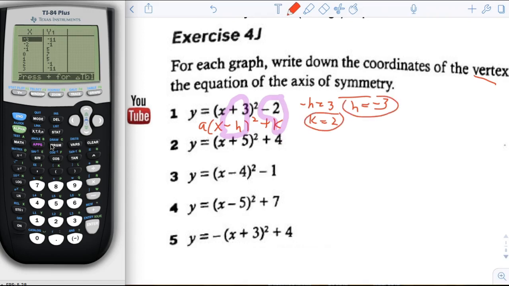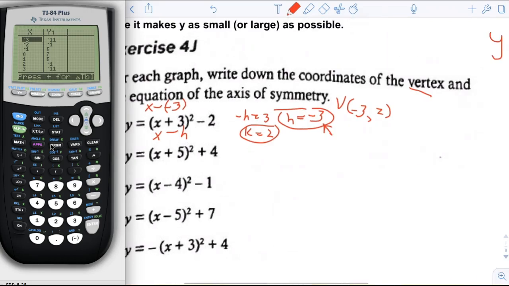So our vertex is -3, 2. Some people might look right at this format here and say, okay, I'm looking for x minus h, but it says x plus 3, so there's no negative here. You got to think of the plus 3 as actually x minus -3. So if you think of it as x minus -3 instead of x plus 3, it's easier to see that the h value is actually -3.